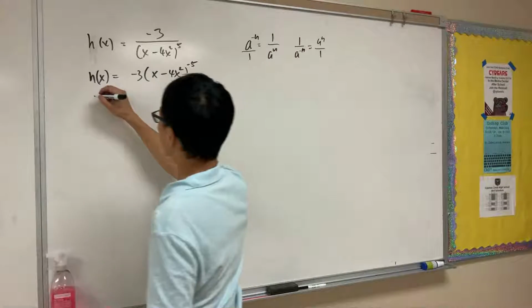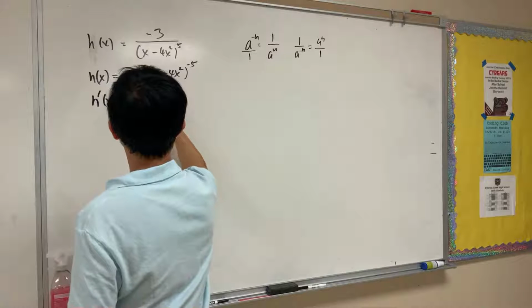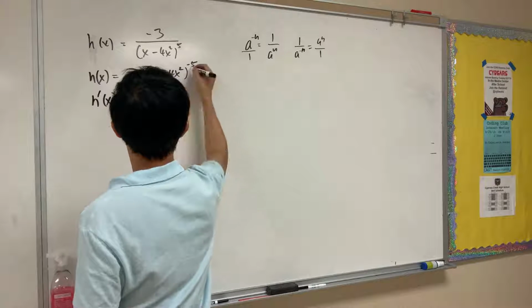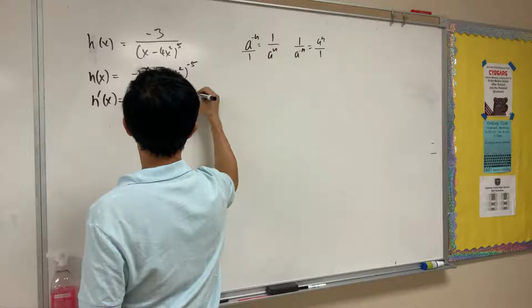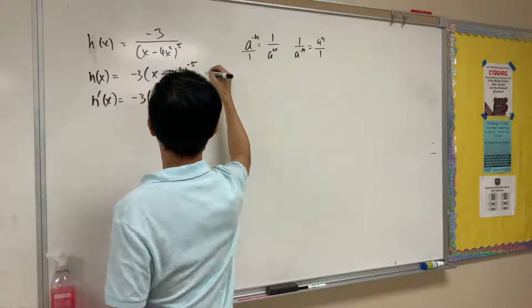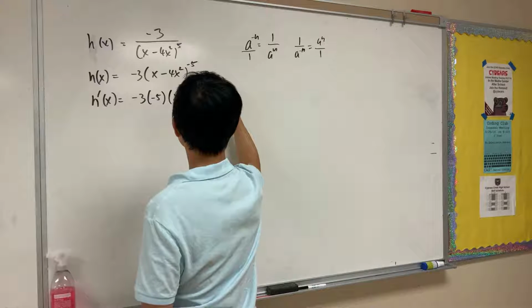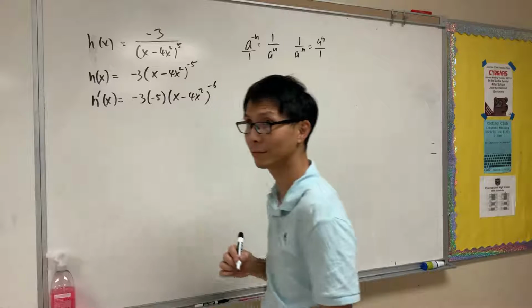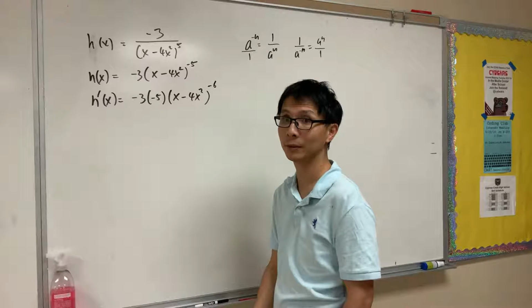So now I'm going to take a derivative of this. So -3 times what? -5 times x minus 4x squared to the what? -6, good. Am I done? No. What happens? People fail the test. They stop right here.